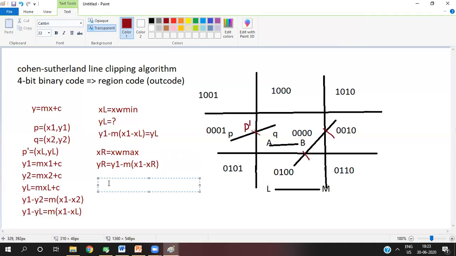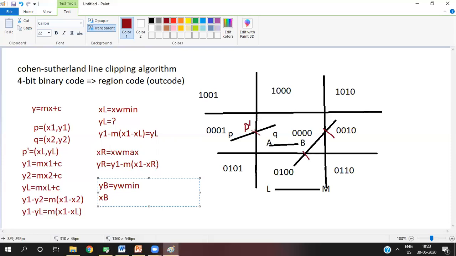Okay, yb, I will write yb is equal to yw mean. Yes, definitely, yw mean. Okay, in horizontal case, y will remain as it is, only x changes. What about xb over here? x bottom value. Yes, just you need to rearrange the equation over here.